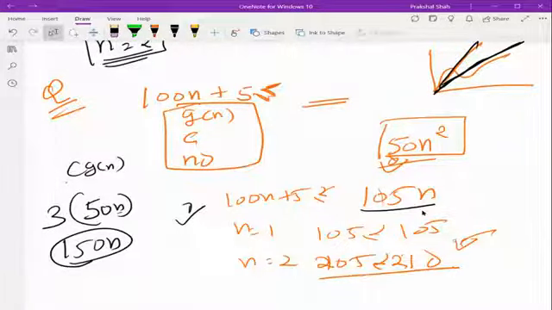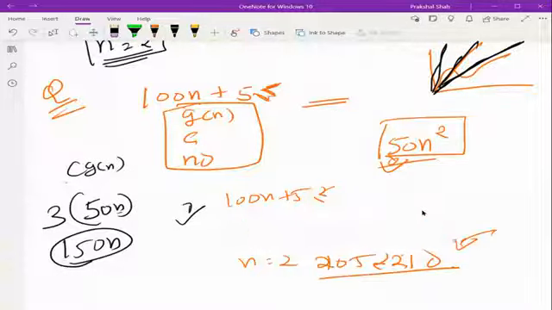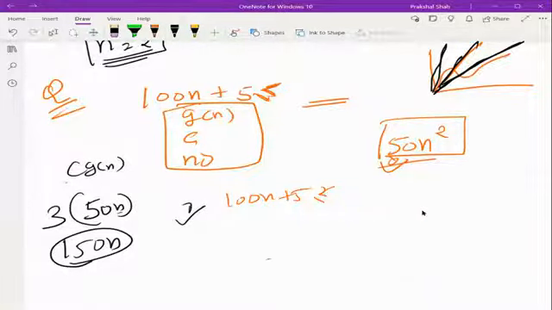But 105n is also like this, so 150n is like this. Joseph, you can, but right now there is no need to take it. So can I say, people, that this was my f of n? Yes or no?